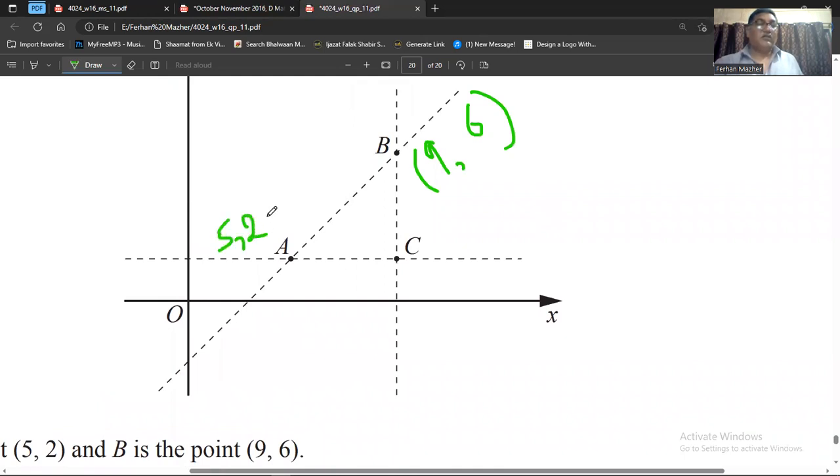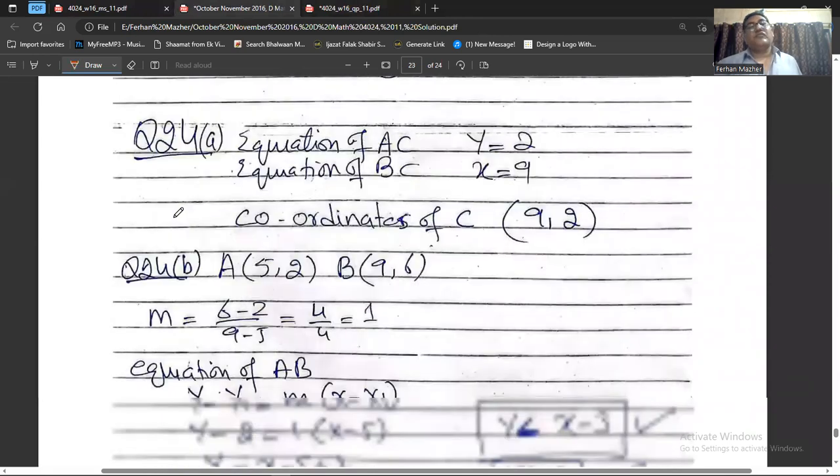C will have the y of A and the x of B, because C is exactly under B and exactly on the right side of A. So the coordinates of C will be 9, comma 2.